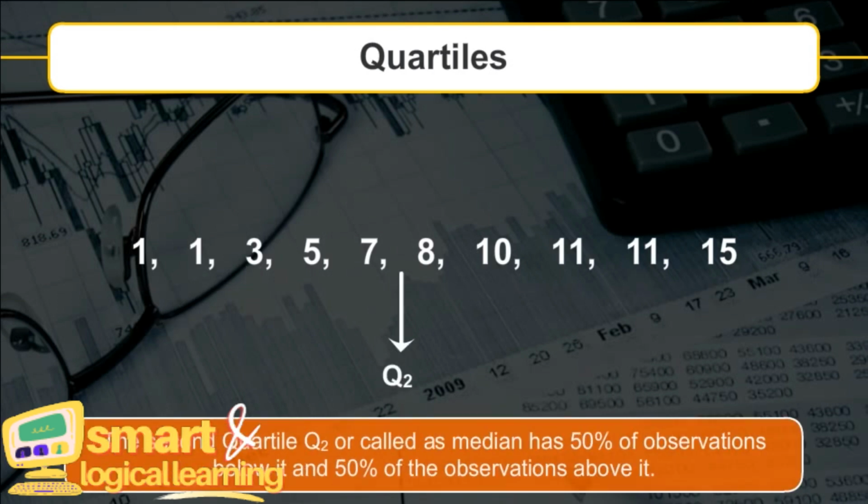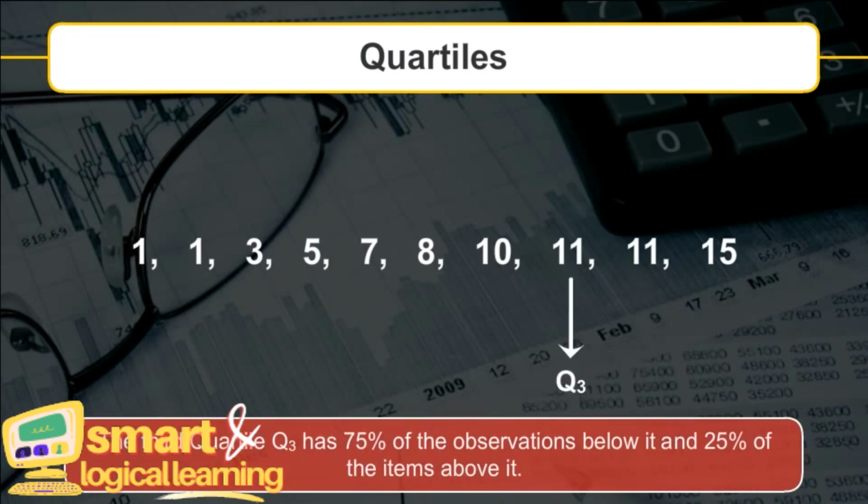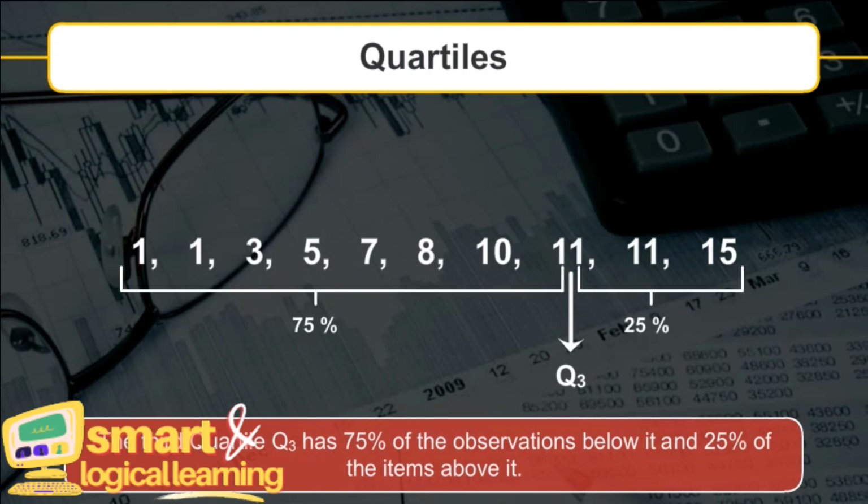The second quartile, Q2, also called the median, has 50% of observations below it and 50% of the observations above it. The third quartile, Q3, has 75% of the observations below it and 25% of the items above it.